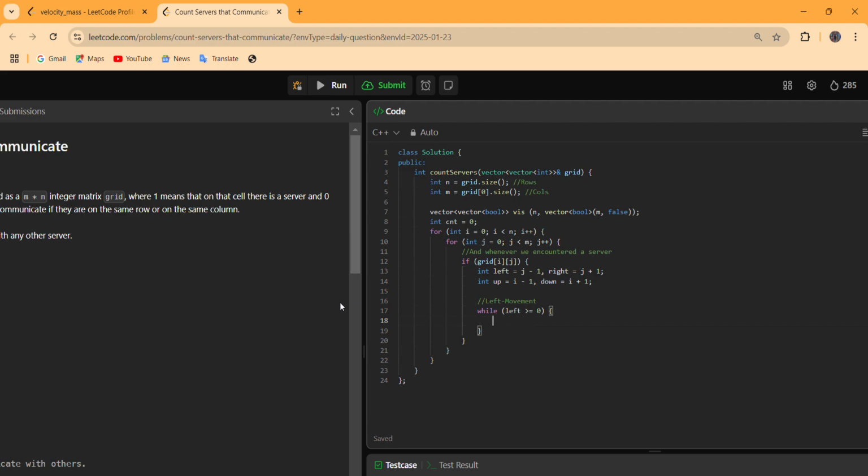And we check if at these places there is any server present or not, and this should not be previously visited as well.